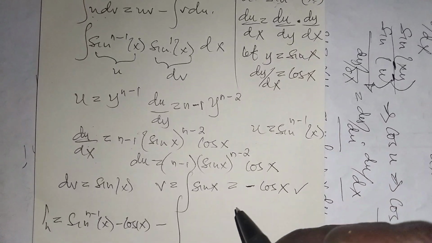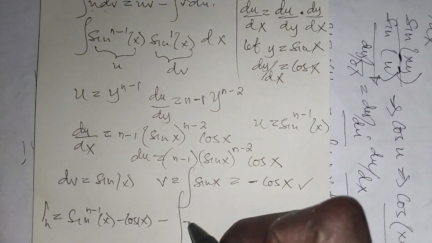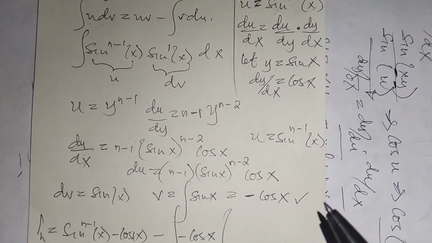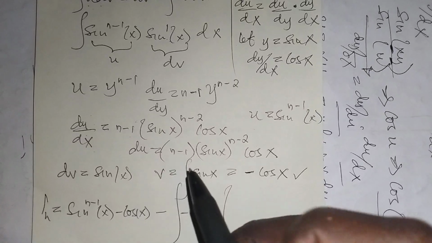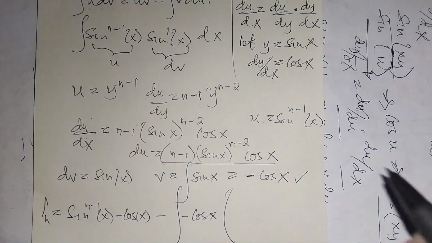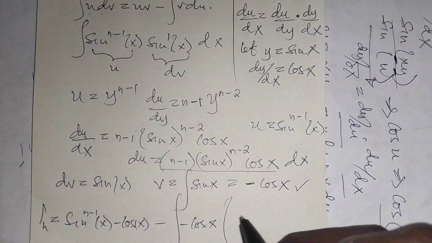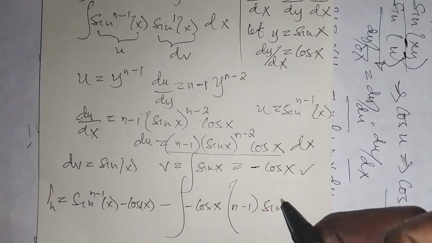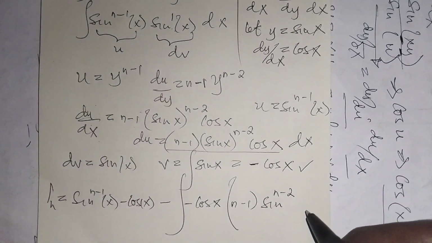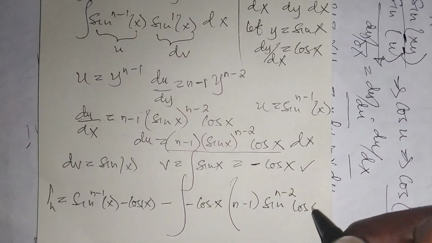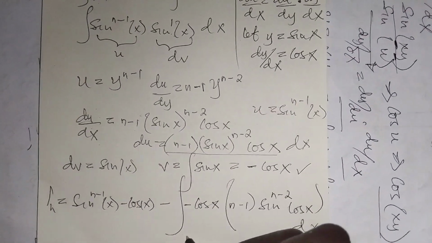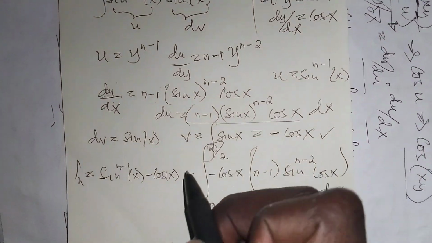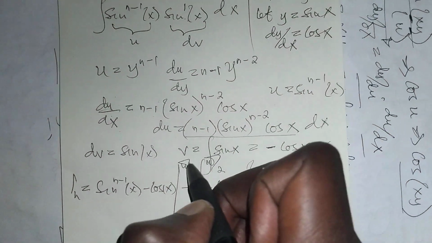Our v is negative cos x, then our du is this part, n minus 1 sine n minus 2 x cos x dx, and our integral is from 0 to pi radian over 2, so it also applies to this part, pi radian over 2.